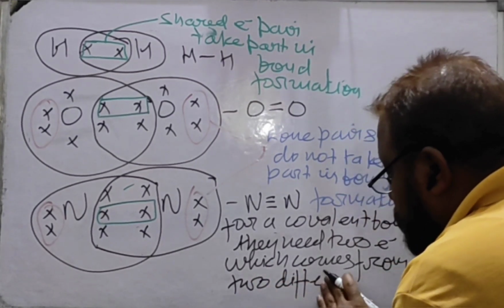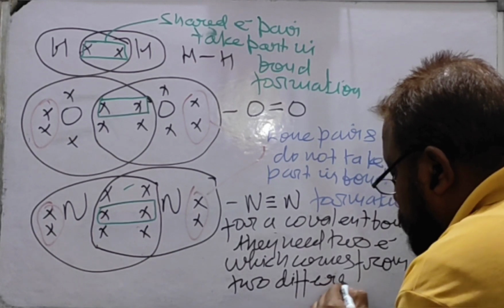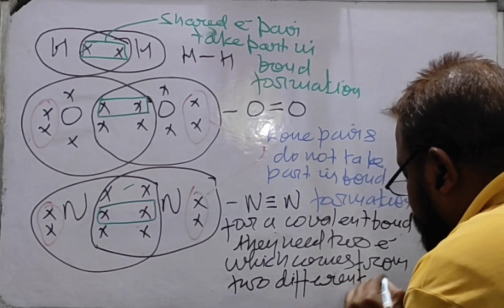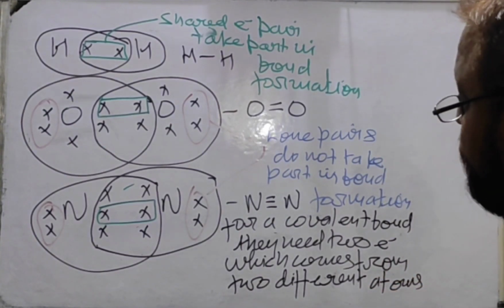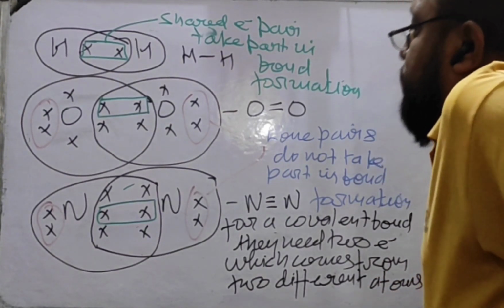Chemical bonds: for a covalent bond, they need 2 electrons, which come from 2 different atoms.